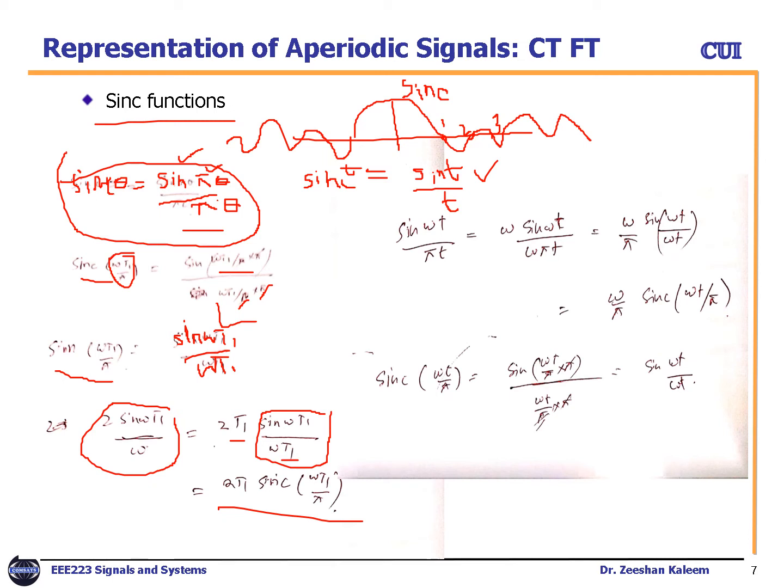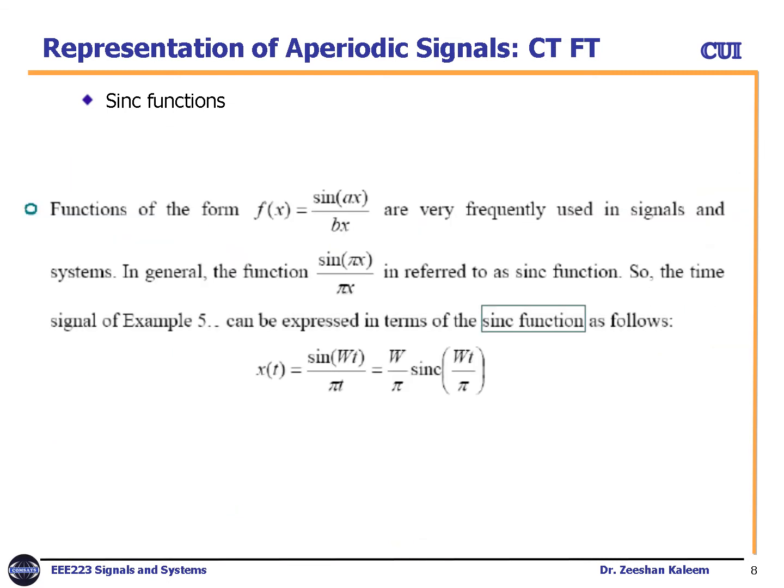Similarly is the case for the other signal. There is another signal as well, which is equal to sine wt over pi t, and by just putting values and cancelling, you will get sine wt over pi t equals w over pi sinc of wt by pi. So these are sinc functions. These sinc functions are usually used in communication in a number of ways. Functions of the form sine ax over bx are very frequently used in signals and systems.